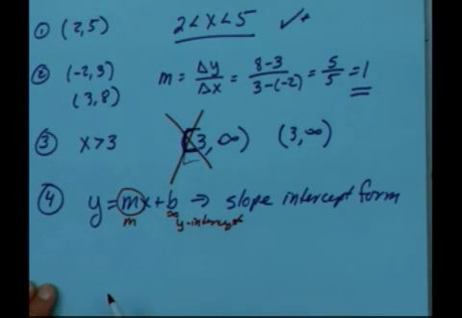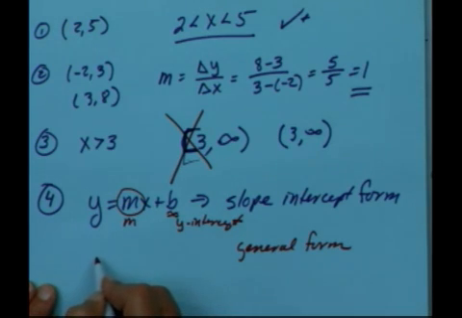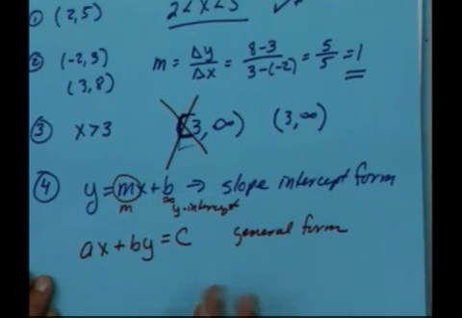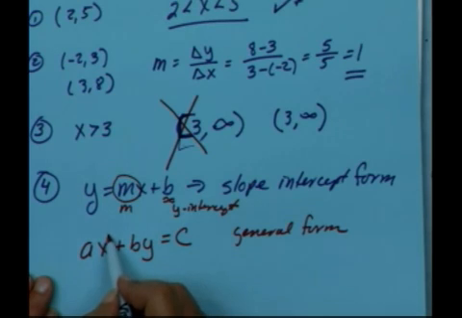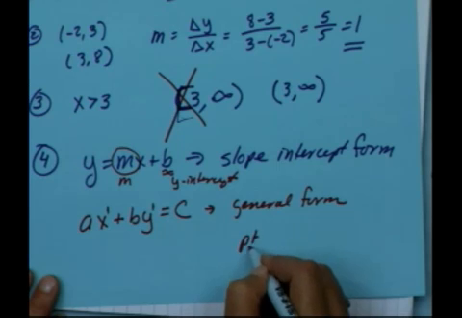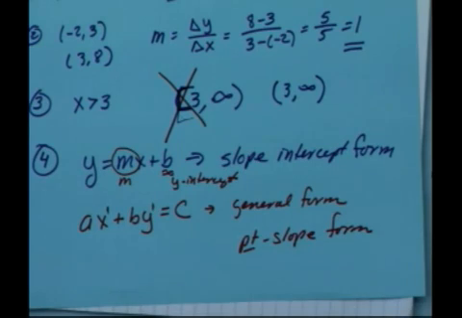Okay, another form of the line is just a general form. Who tells me what a general form is? A general form for the equation of a line is Ax plus By equals C. You know you have a line because the exponent on x is 1 and the exponent on y is 1. Okay, but this one was a little bit tricky. It asked you for the point slope form of the line, which is one of my favorite forms.